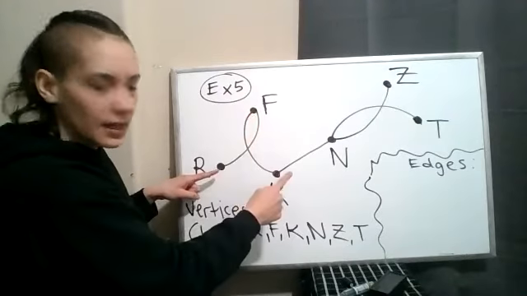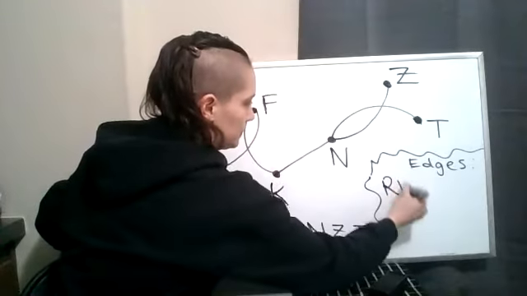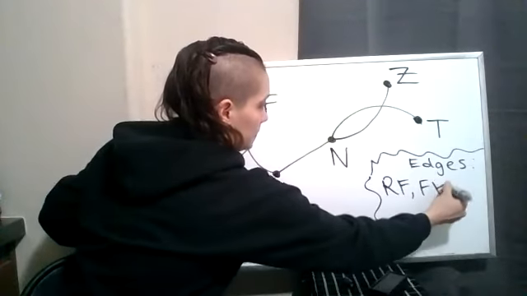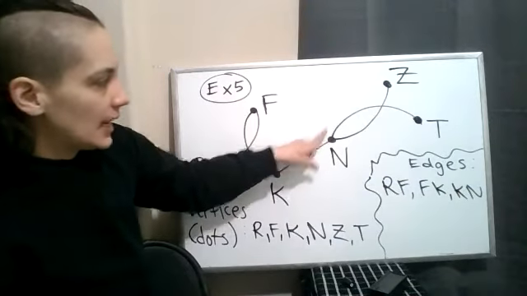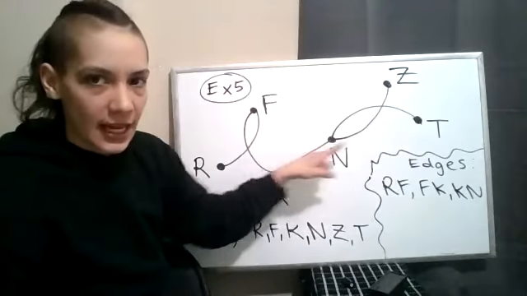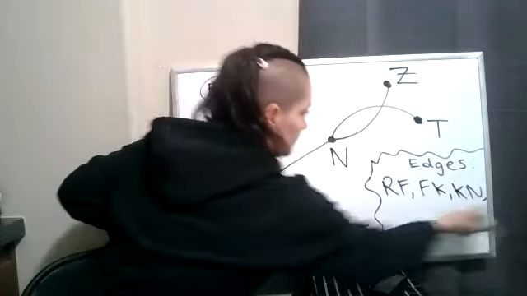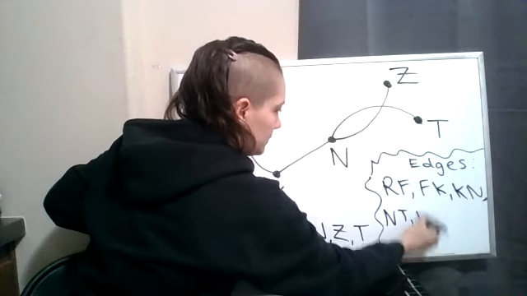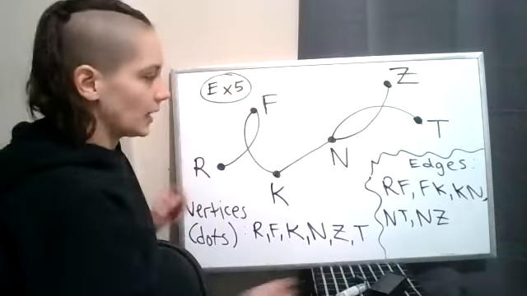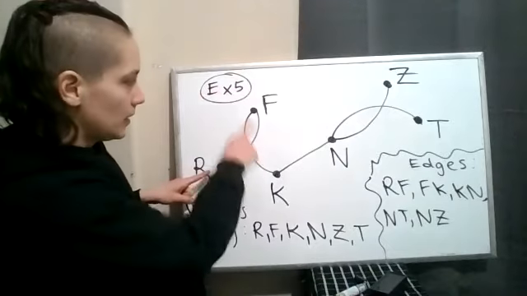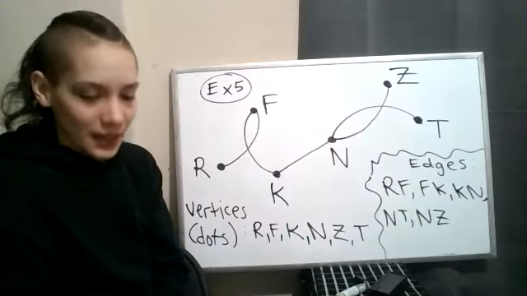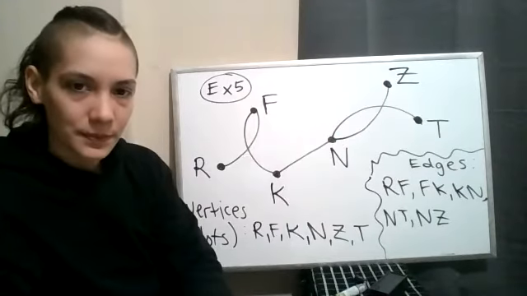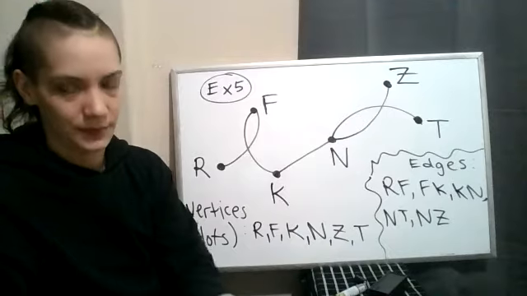And then we're going to have F to K. K goes to N. And there's a connection between N and T. Also, there's N with C. That should be everything.